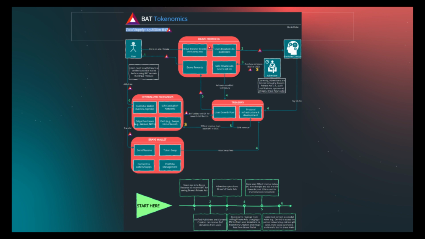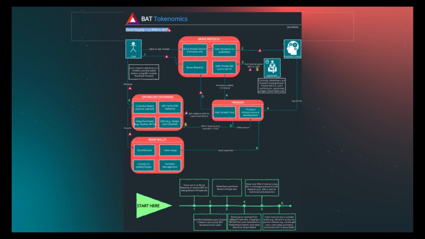But yeah, moving on, I'm going to provide some more color to BAT's tokenomics. So I'm going to start in the upper left corner of the diagram on the user. As I had mentioned, the users opt in on ads that happens on the Brave browser, and then you're just going to see Brave ads.